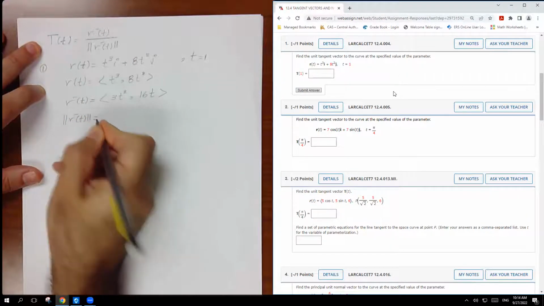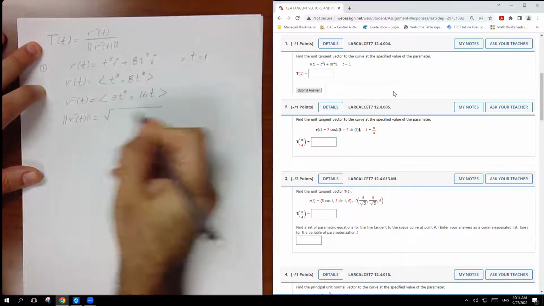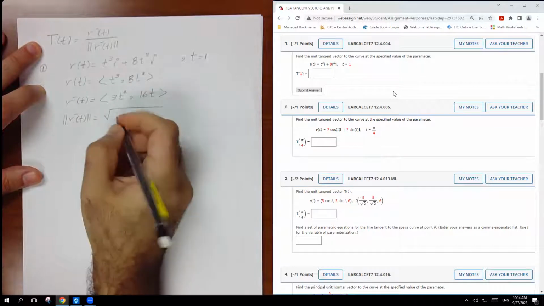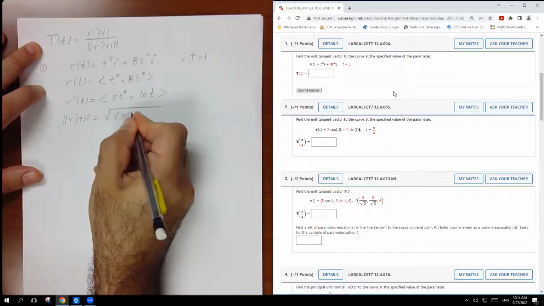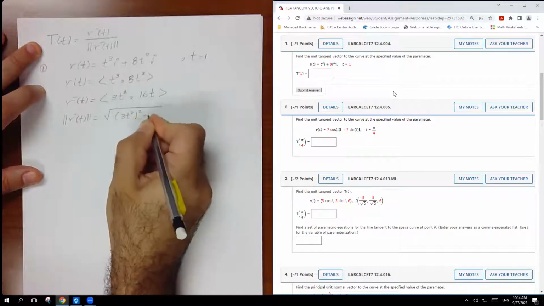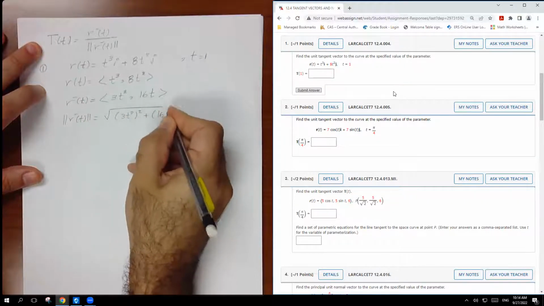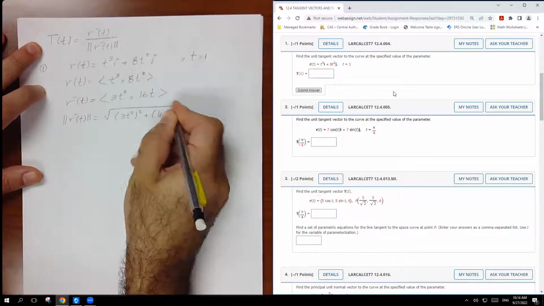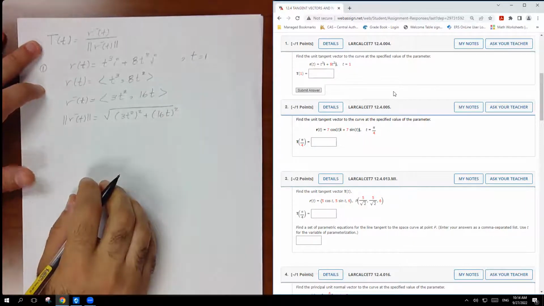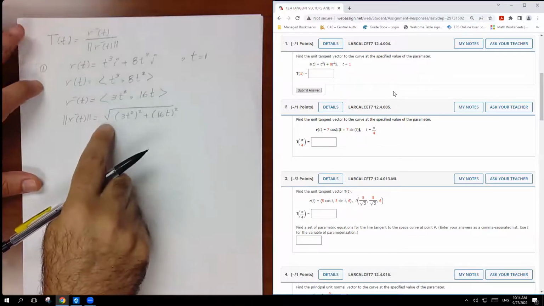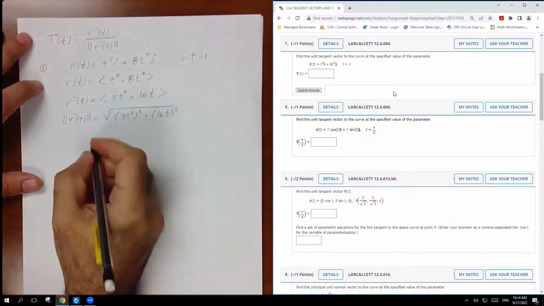So here, I'm just going to keep going and find the magnitude of the derivative of r of t, which is going to be the square root of the first component, 3t squared, plus 16t squared. So again, it's up to you whether you want to plug in right away or not.